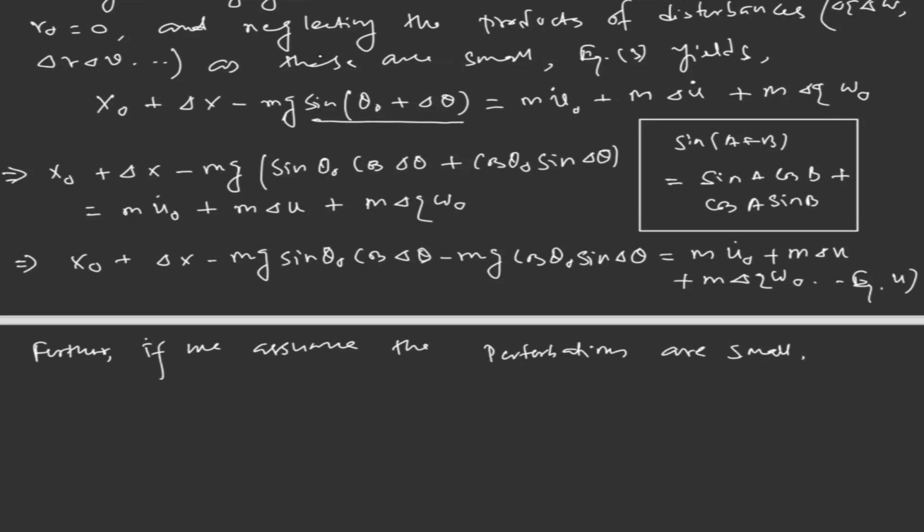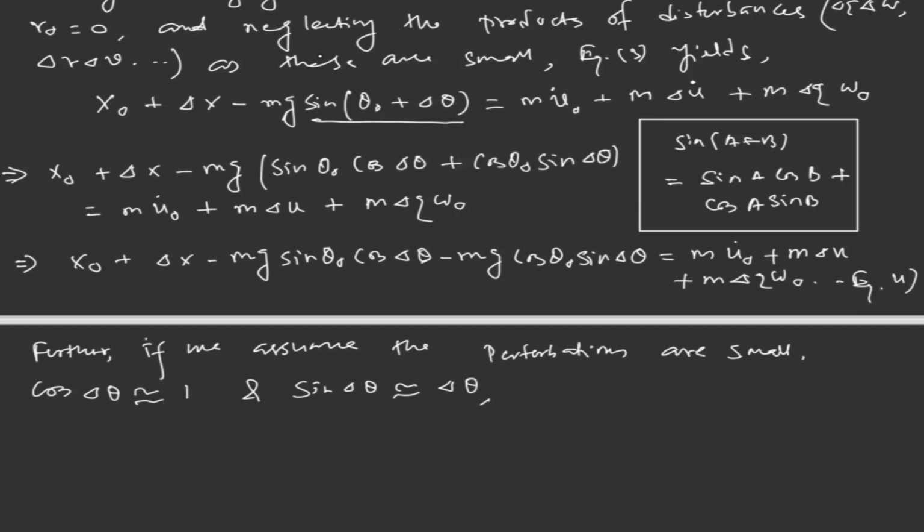for this condition we can write cos del theta equivalent to 1, and sine del theta equivalent to del theta for small values of del theta.